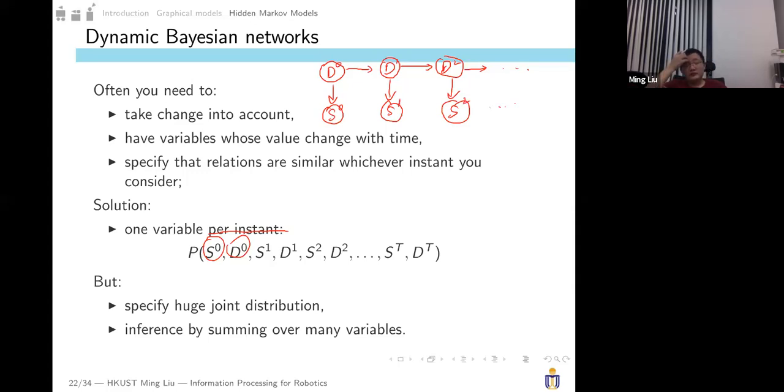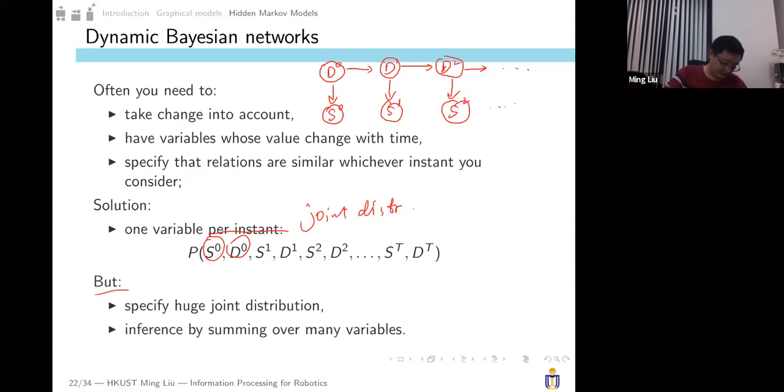Okay. So any solution related to this model is related to what? The joint distribution. Right? This is the key. If you know the joint distribution, then you know the answer to all questions.